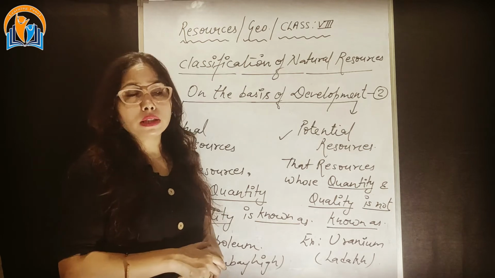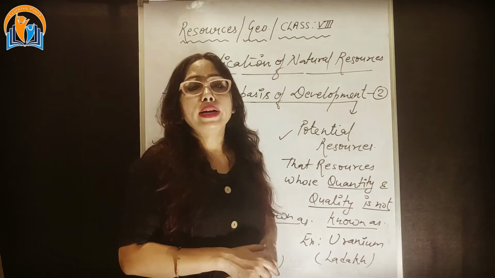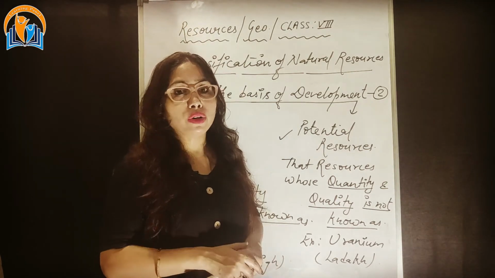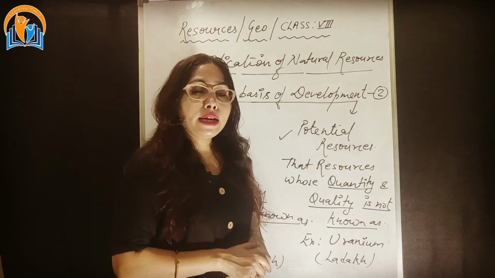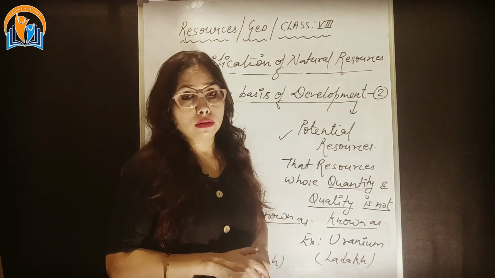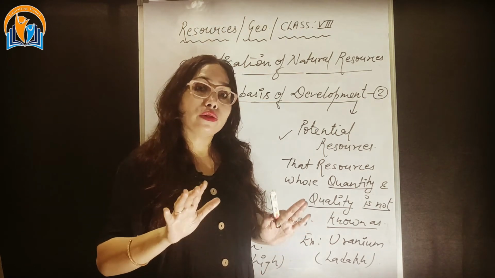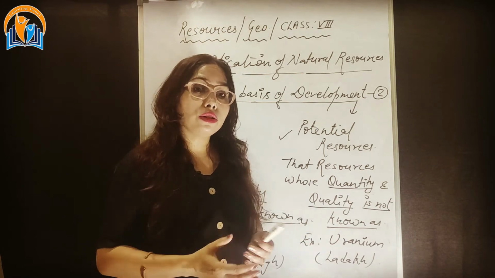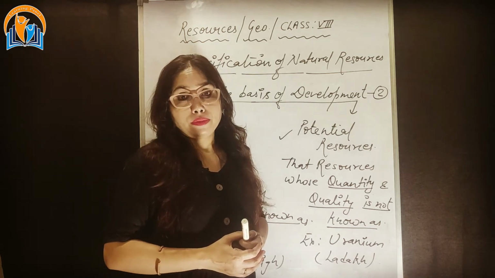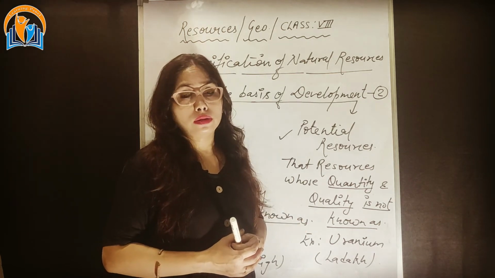One more example I'm giving you here, like wind energy, produced from windmills. 200 years back there was no idea about wind energy, means the idea was there, but how the technology is used, there was no idea about that.